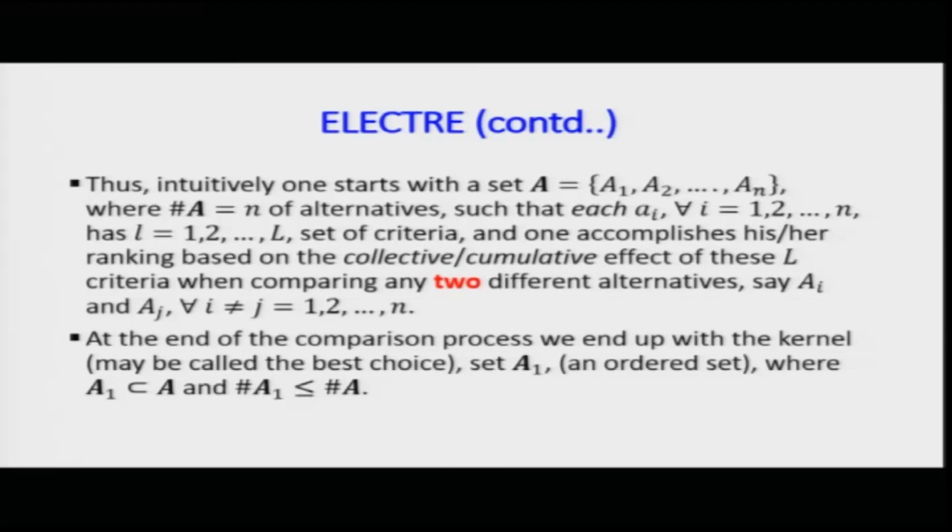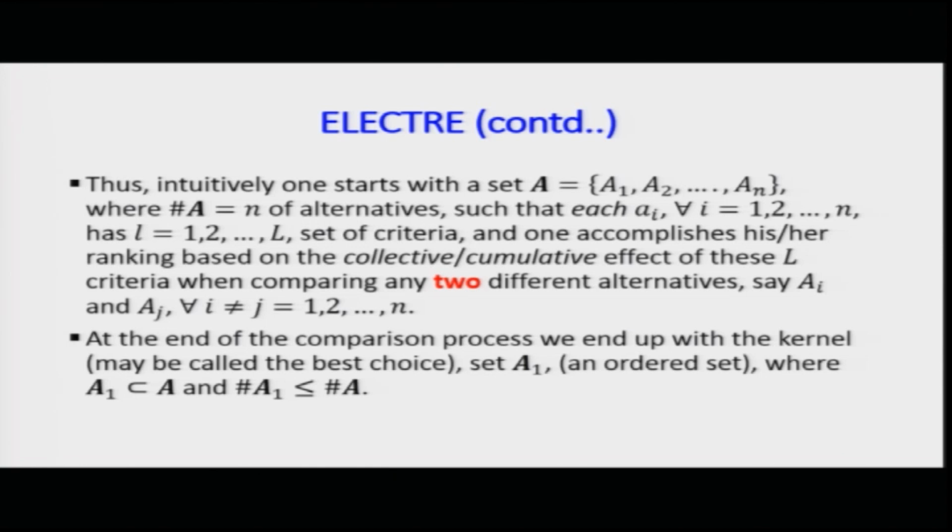If they are not the same, obviously we will consider some of the cells to be blank or replace them accordingly in order to have a consistency concept of ranking. This word consistency I am using not from the AHP point of view, just from the English language point of view. So, where the number of alternatives is given as n, for each alternative there would be not m, but we are considering L number of criteria.